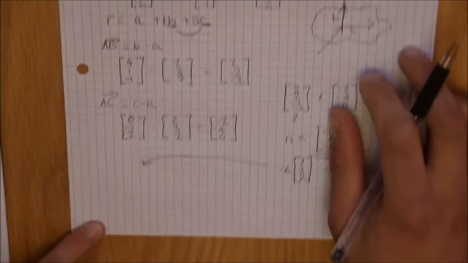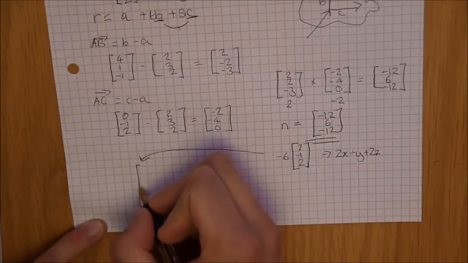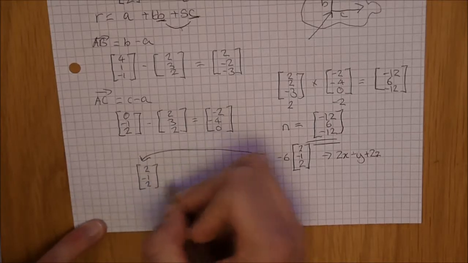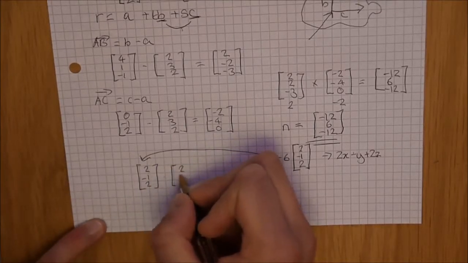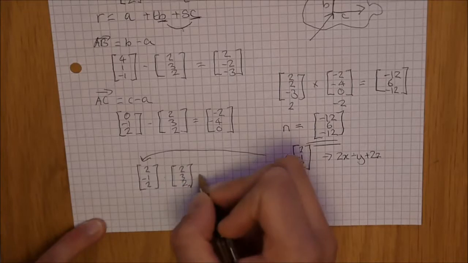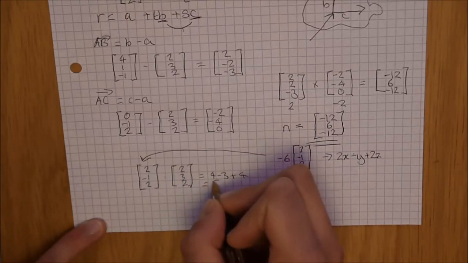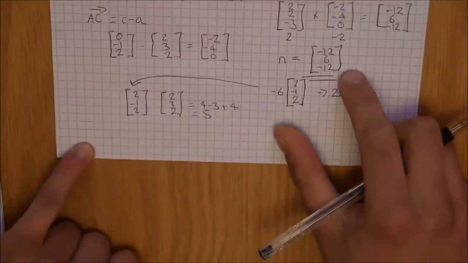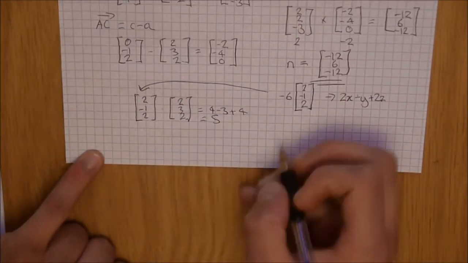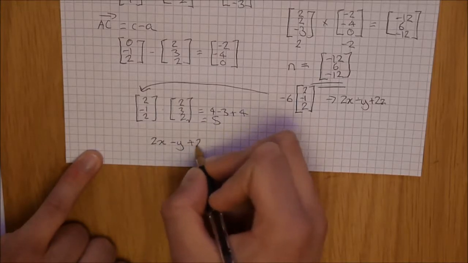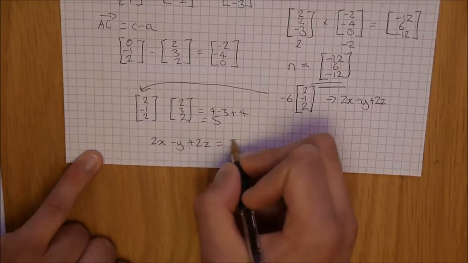So we do the dot product of 2, minus 1, 2 dotted with 2, 3, 2. This gives us 4 minus 3 plus 4 equals 5. So our final answer is 2x minus y plus 2z equals 5.